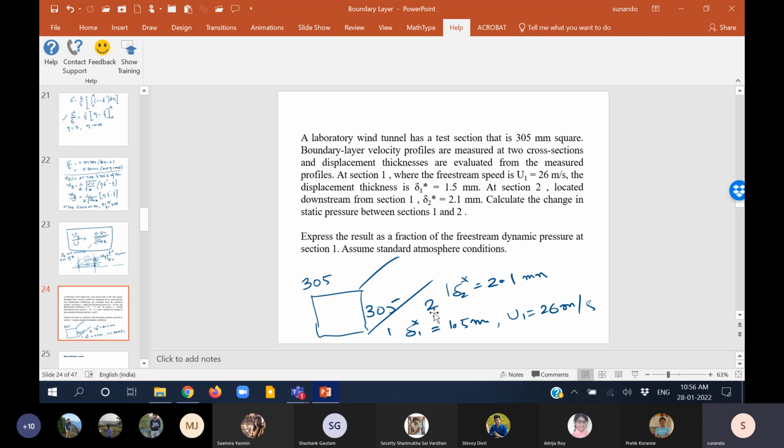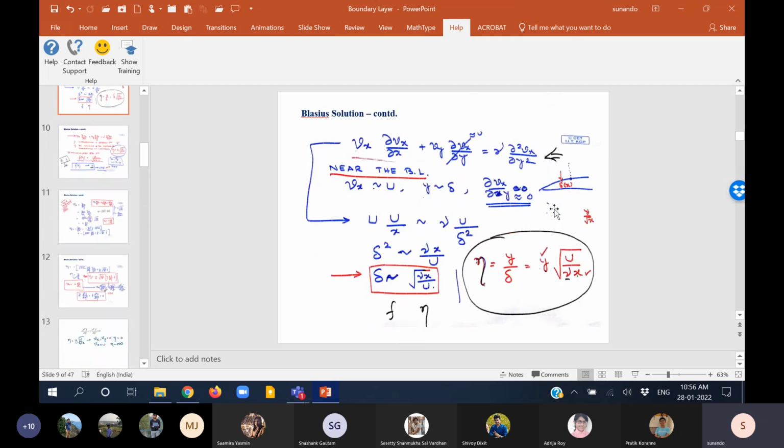What can you say between 1 and 2? What type of flow is this when you consider displacement thickness? I once again go back to the concept of displacement thickness.